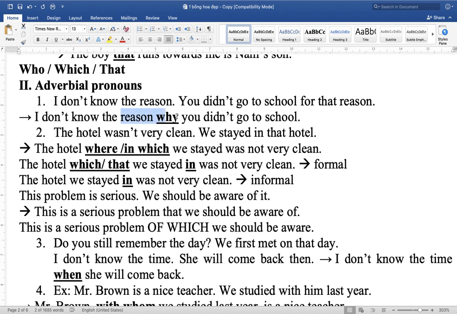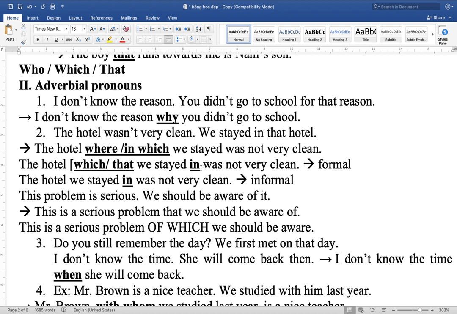The hotel wasn't very clean. We stayed in that hotel. The hotel where or in which, okay, we can use where we stay was not very clean. And in the formal way, you can use the hotel which or that because you have no comma here. We stay in was not very clean, right?